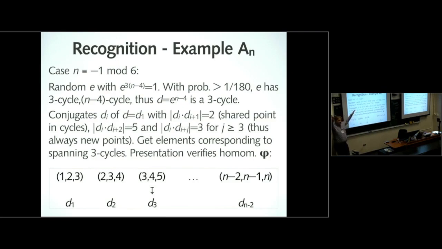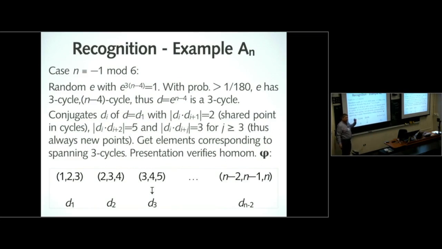with this, whether conjugates of my 3 cycle are 3 cycles which don't overlap in points, or overlap in 1 point or in 2 points. And thereby I can choose certain conjugates which will correspond. Because I can label the points as I want, I can assume my first 3 cycle shall be the 3 cycle 1, 2, 3.